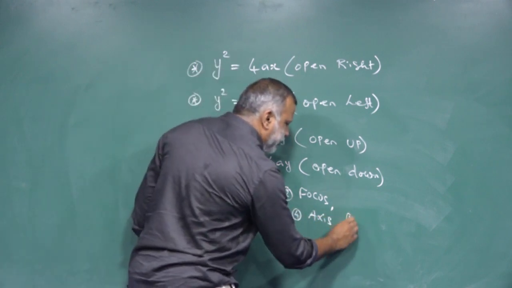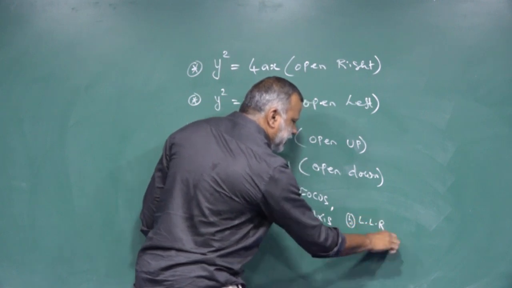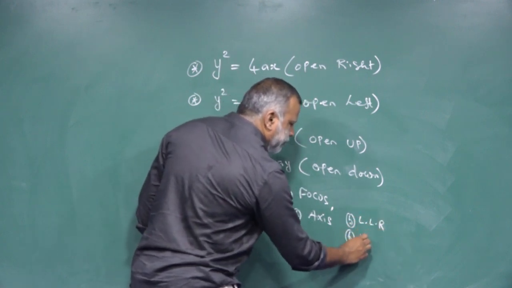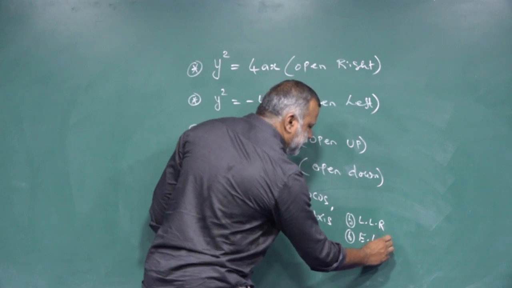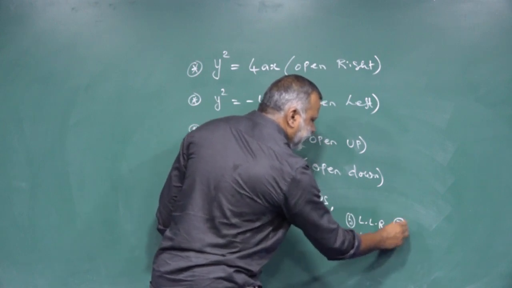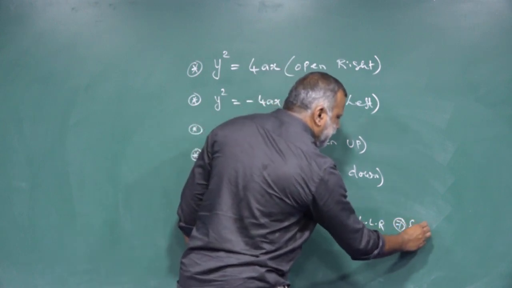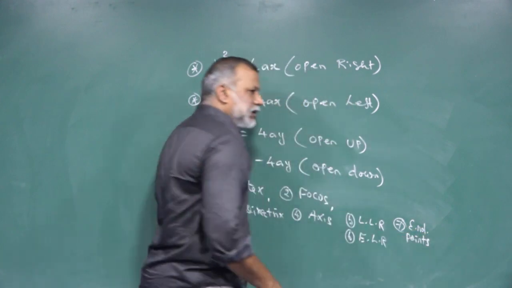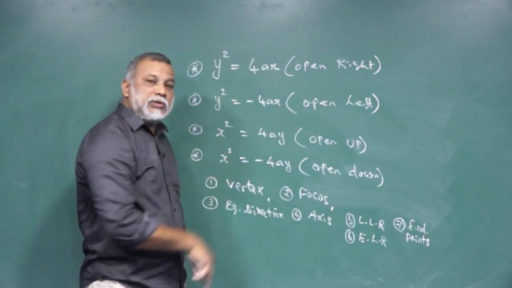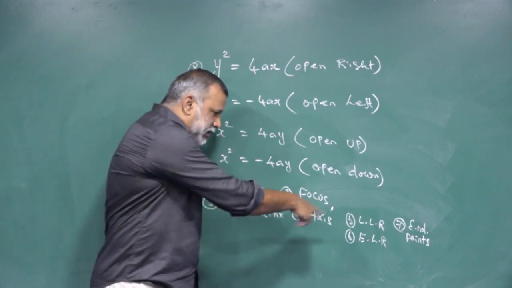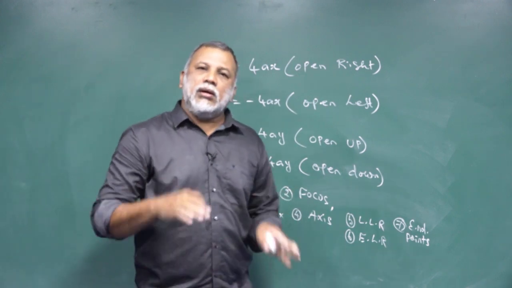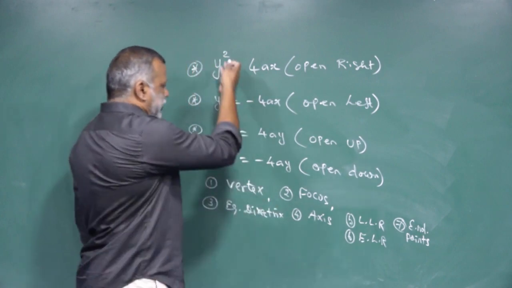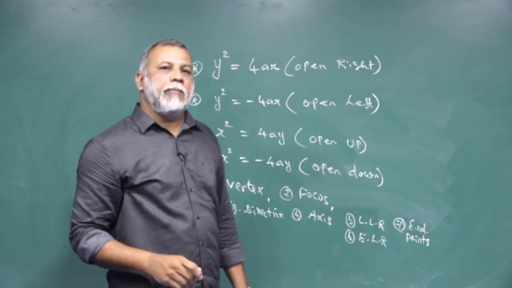Number 5, length of the latus rectum. Number 6, equation of the latus rectum. Number 7, endpoints of the latus rectum. So for all these 4 types of the parabola, we discussed 7 results, applicable for all 4 types.